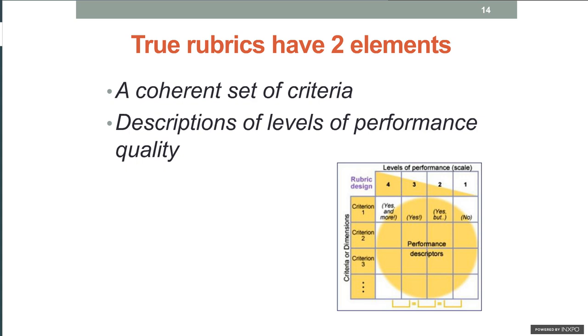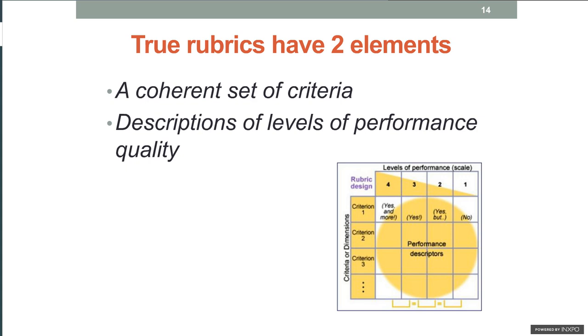True rubrics have two elements, though, criteria and performance level descriptions at all levels of performance on each of the criteria. True rubrics do not necessarily have to be set up in a chart that looks exactly like the one you're looking at in front of you. The criteria can be across the top and the levels down the side, or they can be just typed in no chart at all, but just criterion by criterion with the levels under it. There's no magic format.